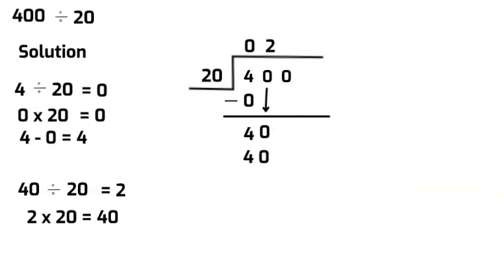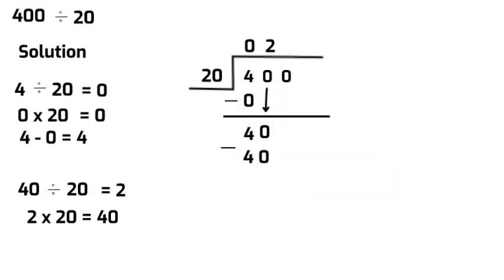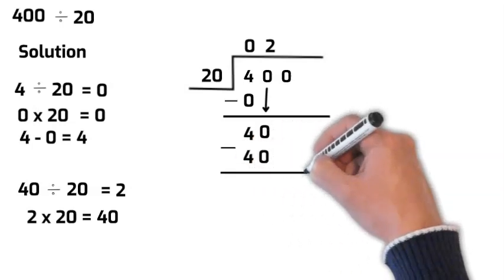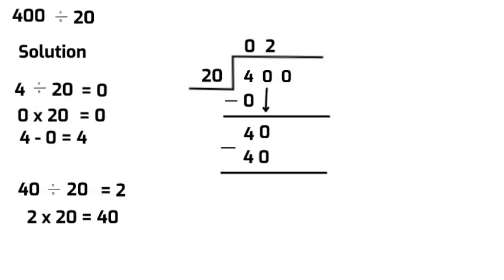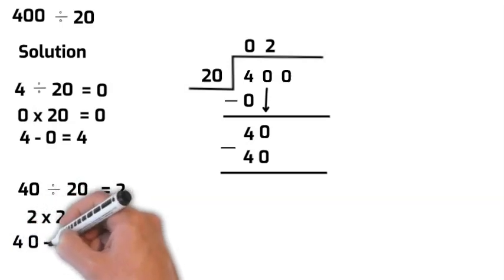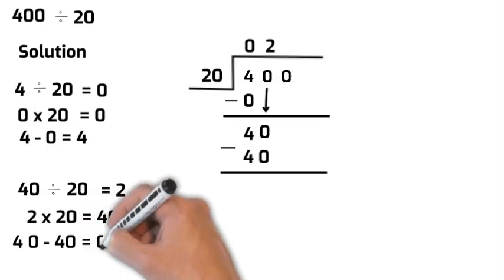Next, we place our minus sign right here and draw a horizontal line across. It is time to subtract. 40 minus 40 is equal to 0.